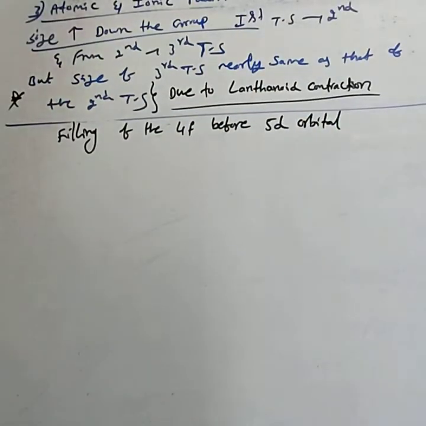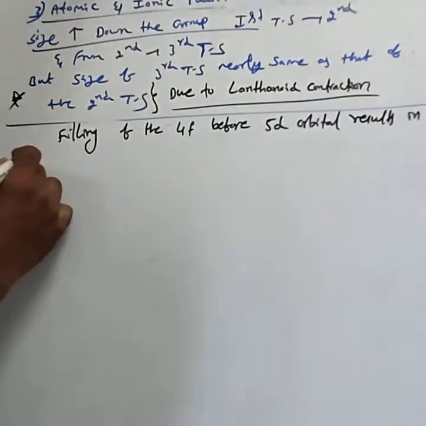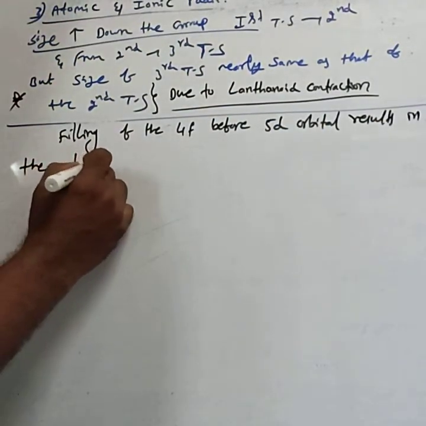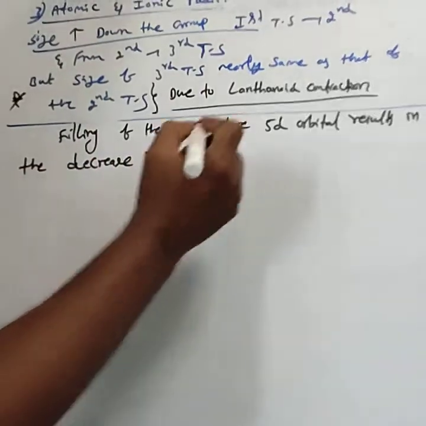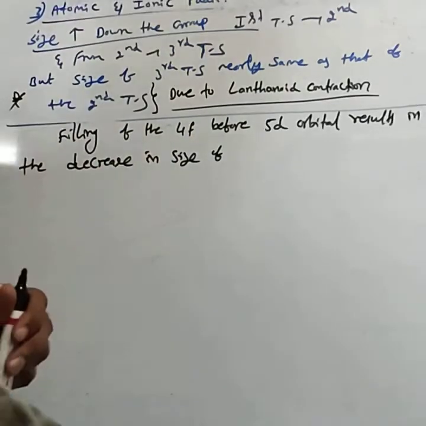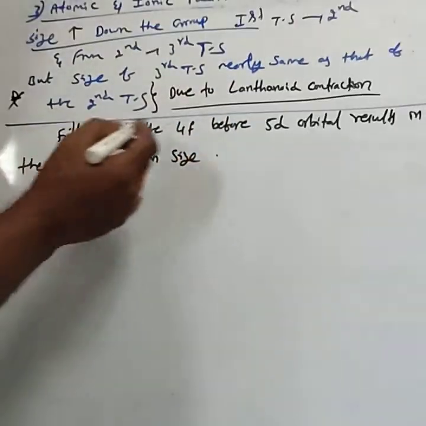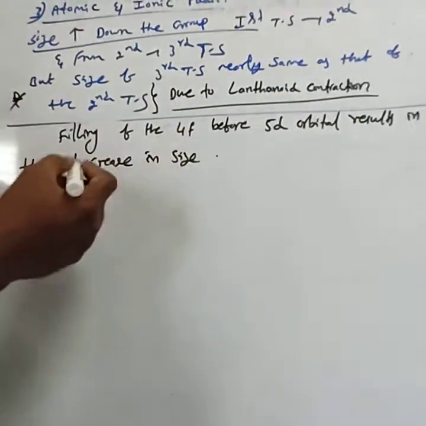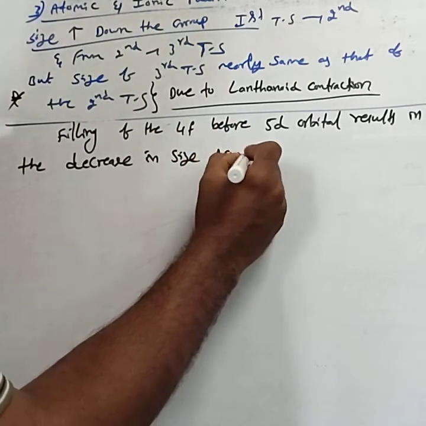Filling of the 4f before the 5d orbital results in a decrease in size across the lanthanides.